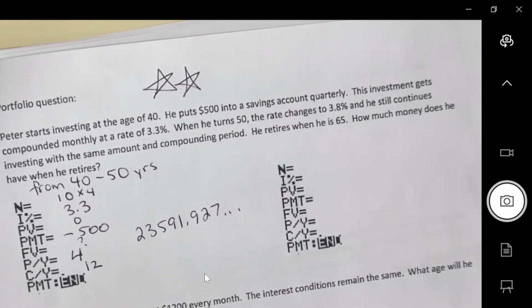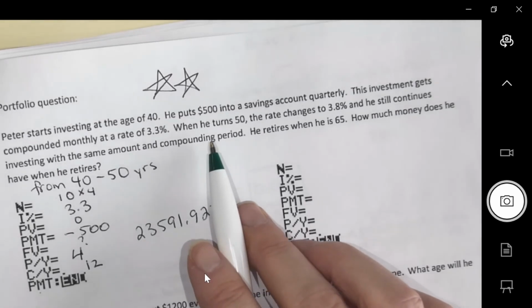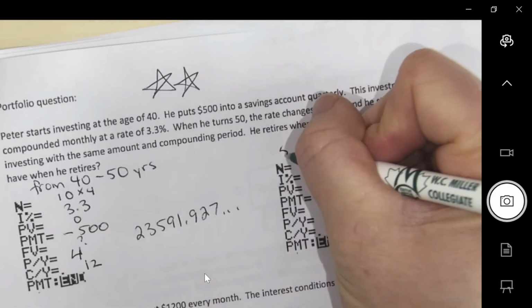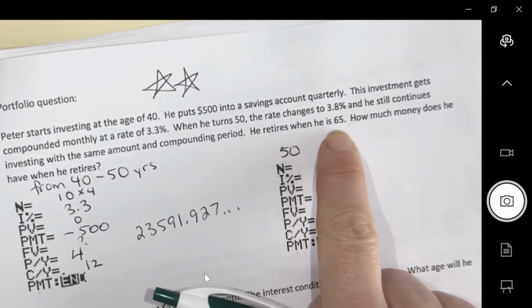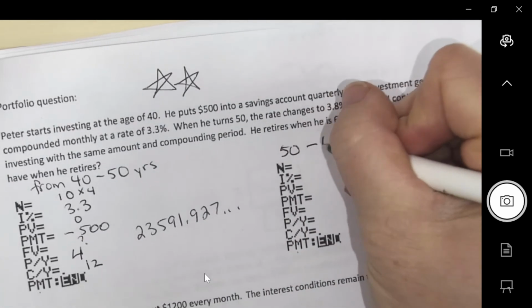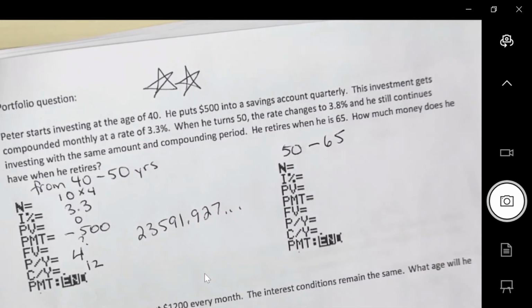Okay, that's good. We're matching. I got 23,591. Okay, when he turns 50, so now we're at 50, and he's going to retire at 65. So now we're in a new section because the rate changed. He's going to continue this investment.